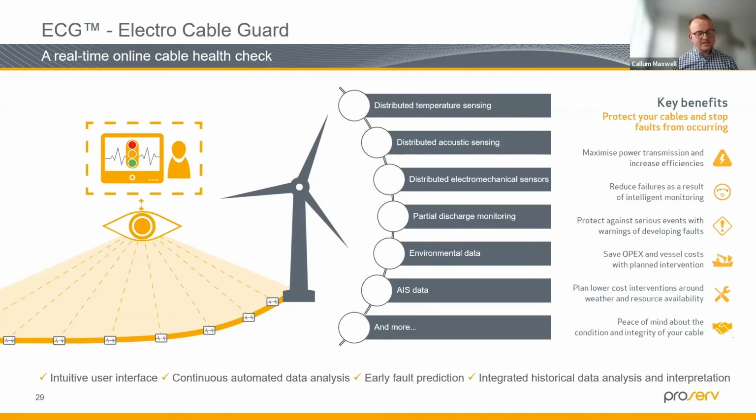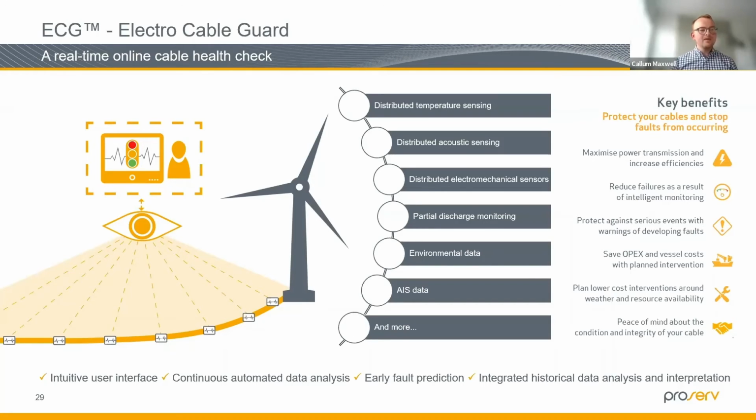But I think interestingly as well, we can pull in environmental data and AIS data, which should just provide a little bit of extra context around if a sudden failure takes place. Is there a vessel nearby? Is there a chance that, you know, an anchor's dredged and caused that immediate failure? So it just gives us different parameters to get to that root cause, working with the systems that we've got in place.